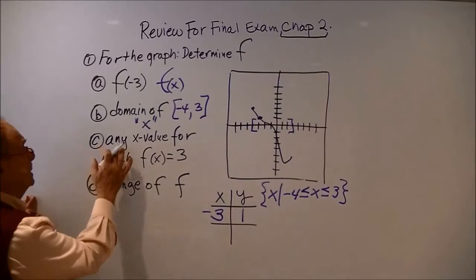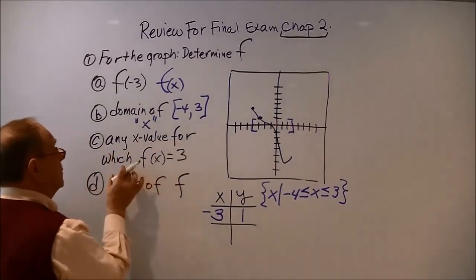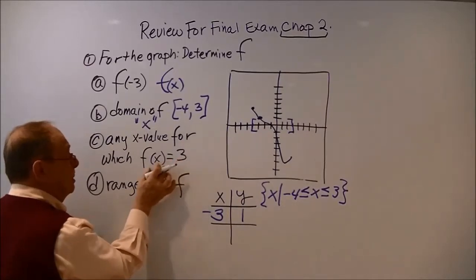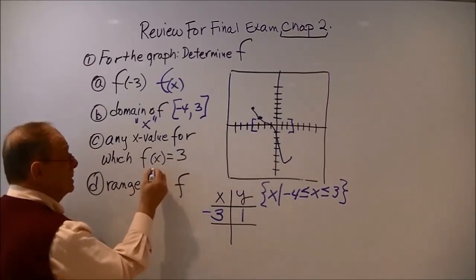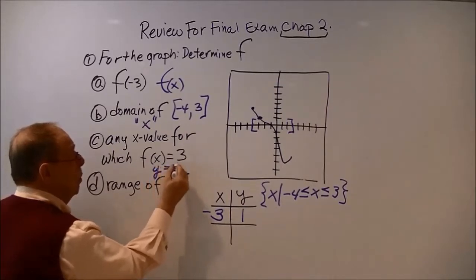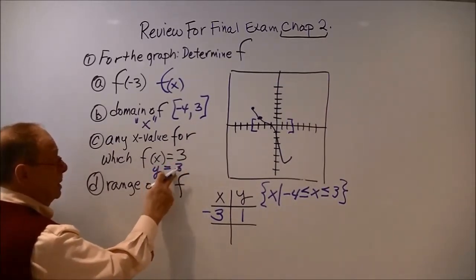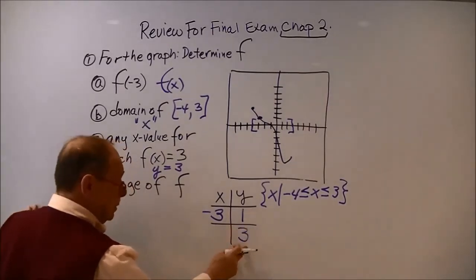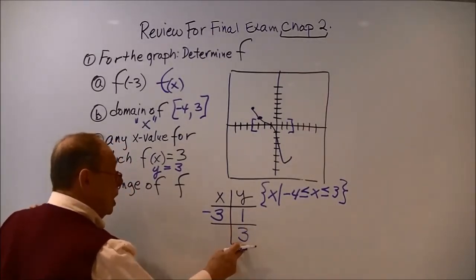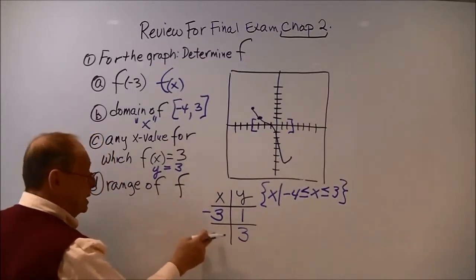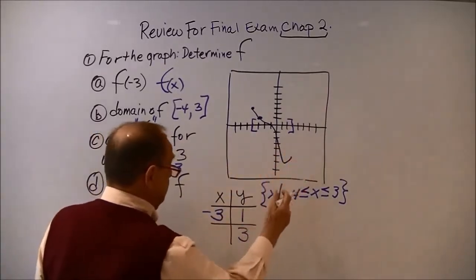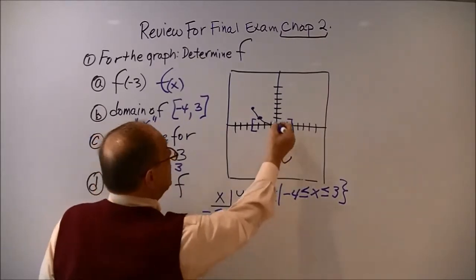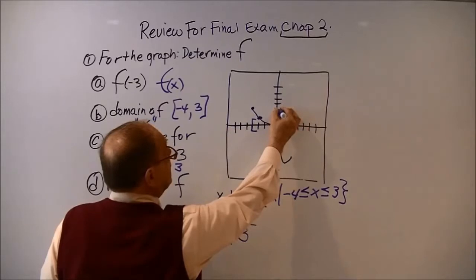Now for letter C, they're saying any x value for which f of x equals 3. Well, remember we said f of x could be replaced with y equals 3. So now we're going to put a 3 over here. That's what y equals. And when y equals 3, what does x equal? So we look on our graph, and y equals 3 right there.